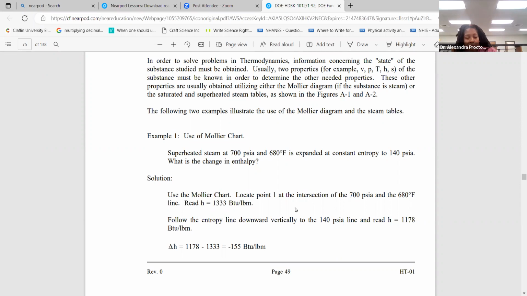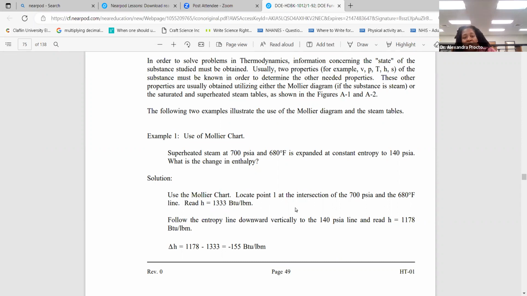Like I said, that diagram has enthalpy and entropy.